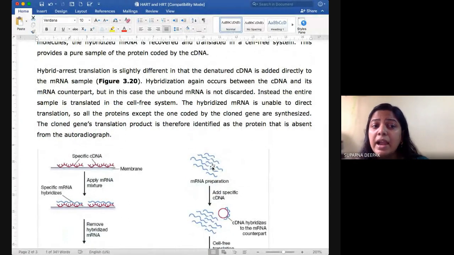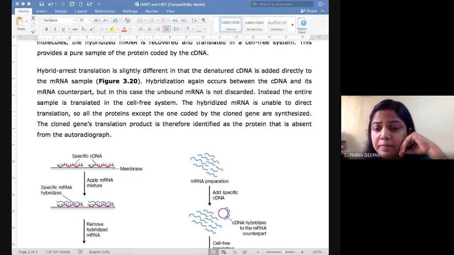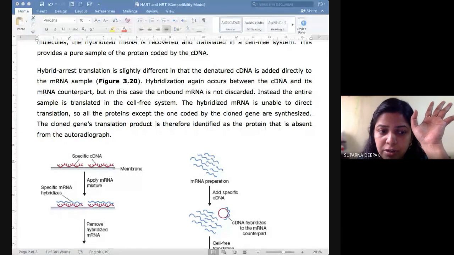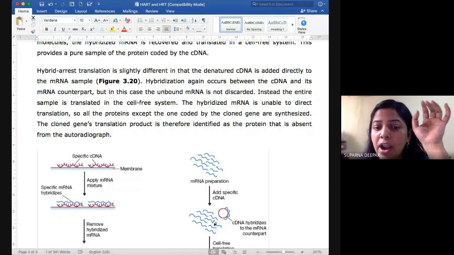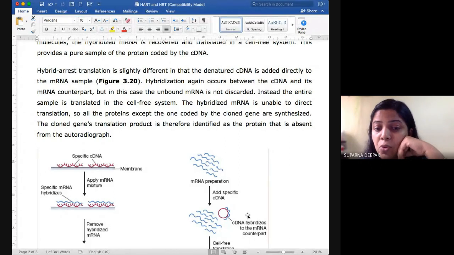Now tell me, in translation, what is required? A single stranded mRNA or a double stranded one? Can double stranded mRNA undergo direct translation? Understood the difference? If in this mixture you have hybridized and unhybridized mRNA, which one will undergo translation?